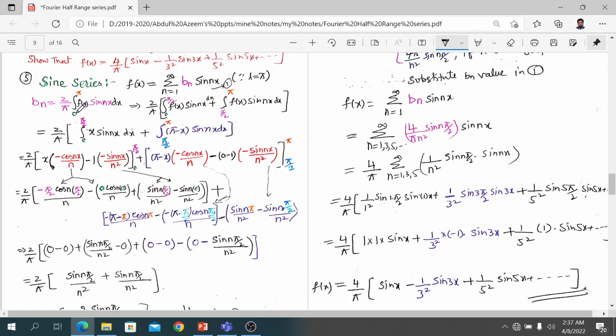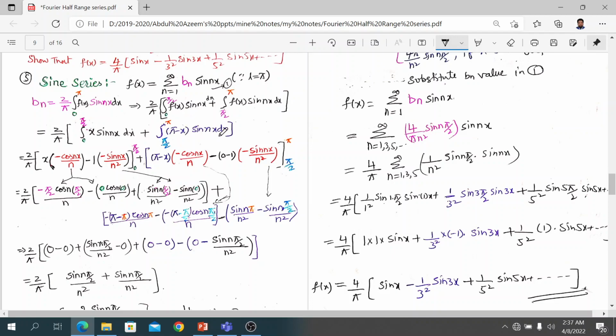Here, first 0 to pi, so we will split it as 0 to pi by 2 of f(x) sin nx, plus pi by 2 to pi of f(x) sin nx. So for 0 to pi by 2, f(x) is x, and for pi by 2 to pi, f(x) is pi minus x, times sin nx dx.